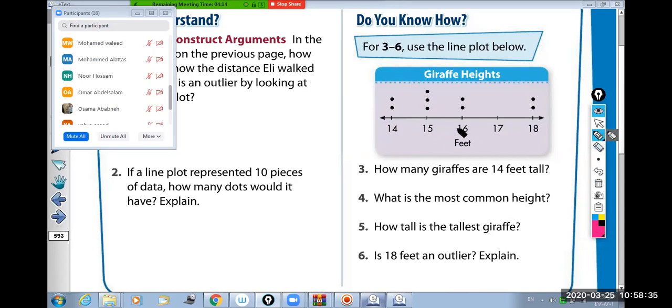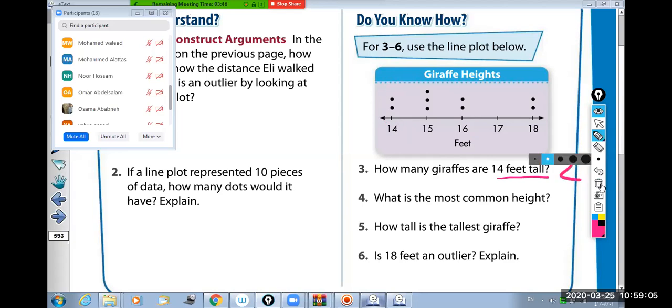No, I'm talking about this 16. How many giraffes on the 16? 2, 2 only. Now read number 3. How many giraffes are 14 feet? How many giraffes over the 14? How many dots? 2. So right, 2 giraffes are 14.